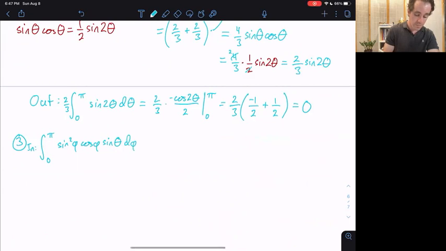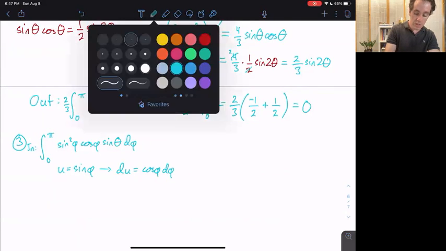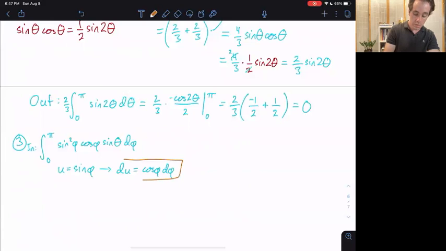d phi. All right, so you can see that we're going to do a u substitution here. This will be u equals sine of phi, making du equal to cosine phi d phi. And for this, I'm going to just say du is right there.